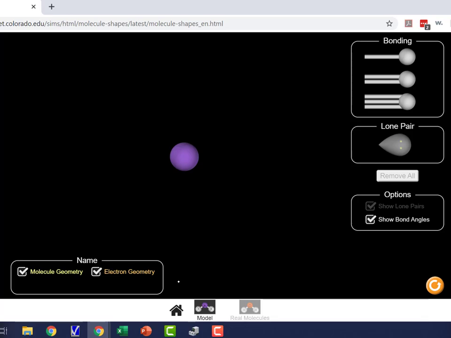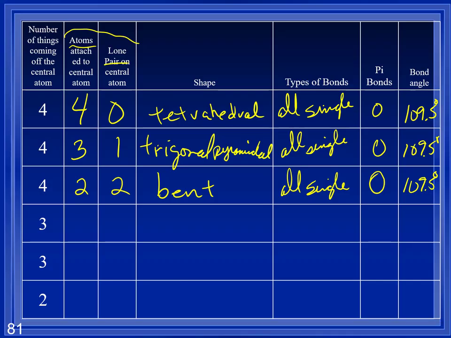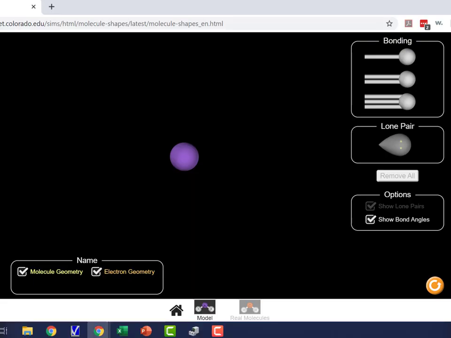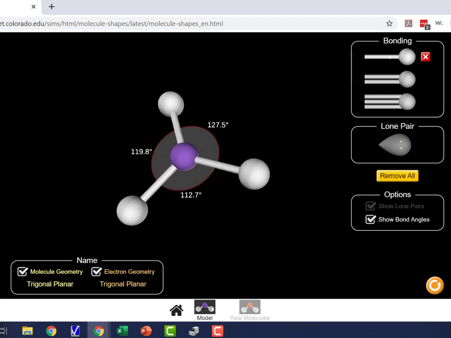Next one we've got is 3 atoms and no lone pair. So, looking at that, if I do this, that center atom doesn't have an octet. Everybody see?